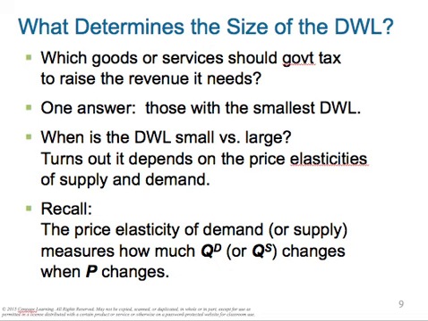So when is deadweight loss small versus large? Well, it turns out that it depends a lot on the price elasticities of supply and demand, which we covered previously. So recall that the price elasticity of demand measures how much quantity demanded changes when price changes.